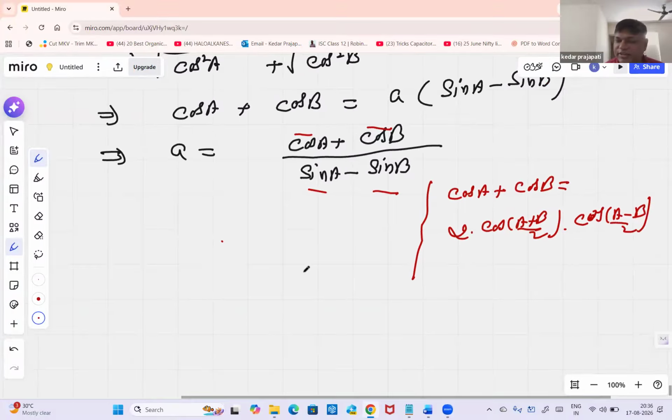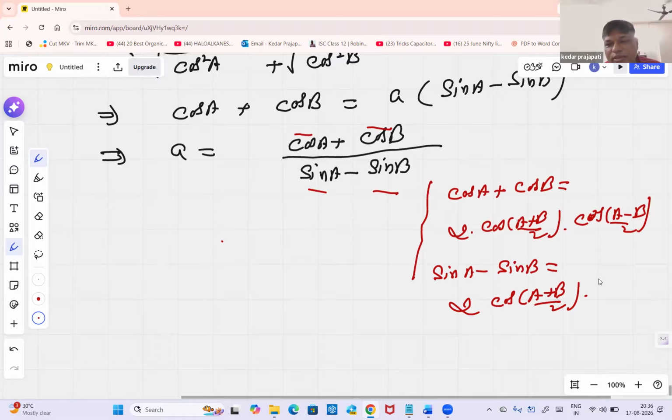And sine A minus sine B will be how much? 2 into cos of A plus B by 2 into sine of A minus B by 2. Are you familiar with this formula? Yes.